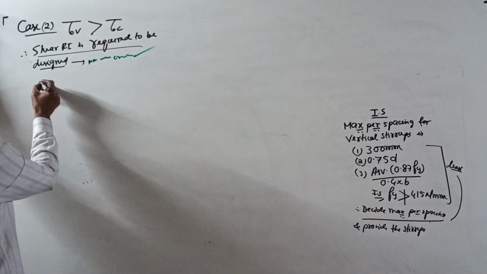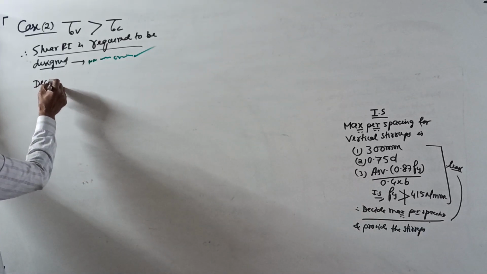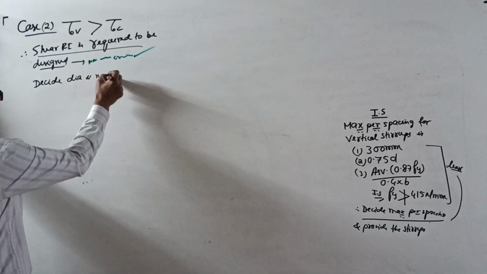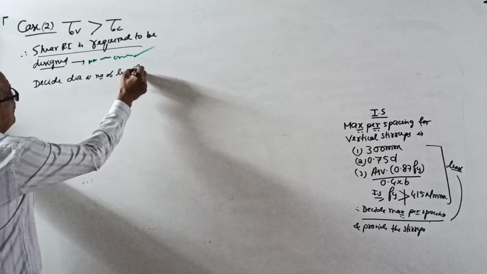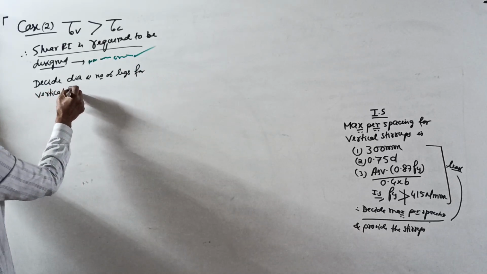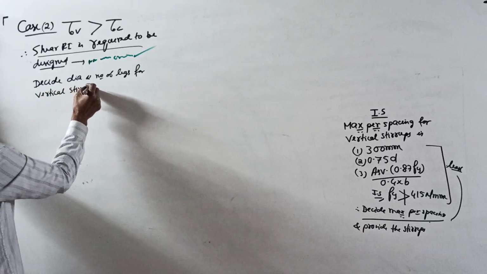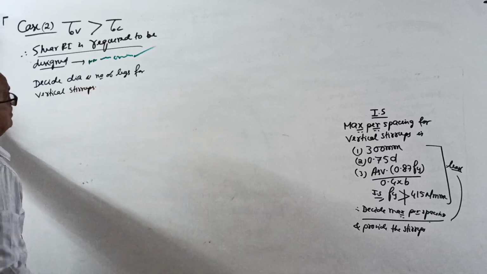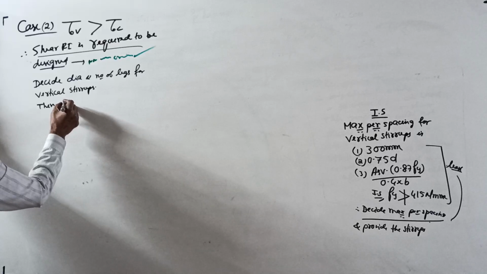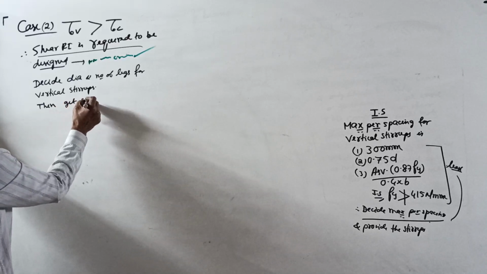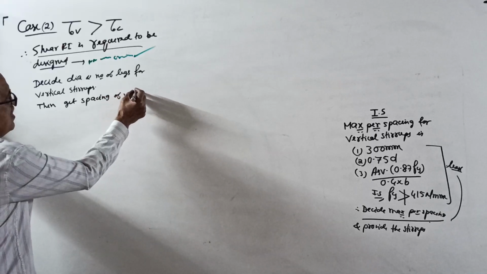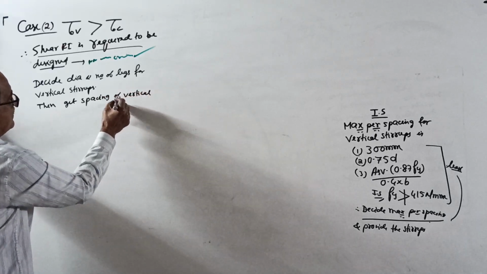So first decide the diameter and number of legs for vertical stirrups. Most popular is 2-leg. Then get the spacing of vertical stirrups.